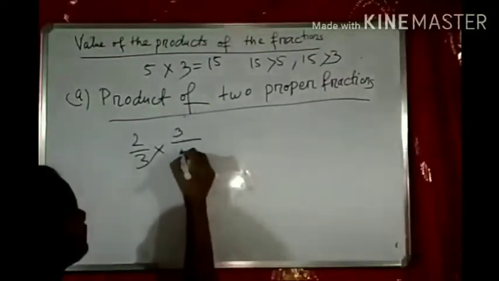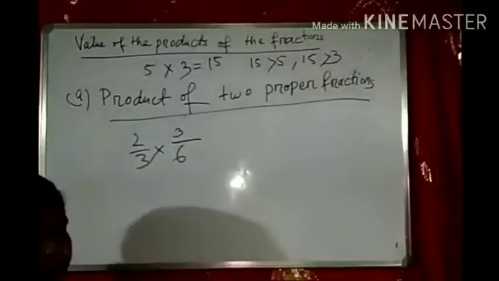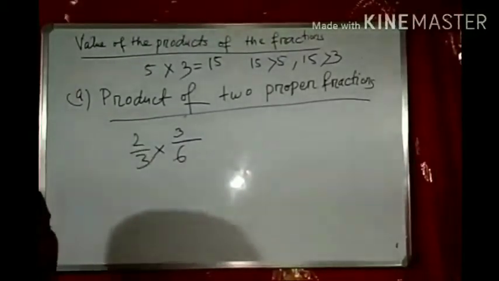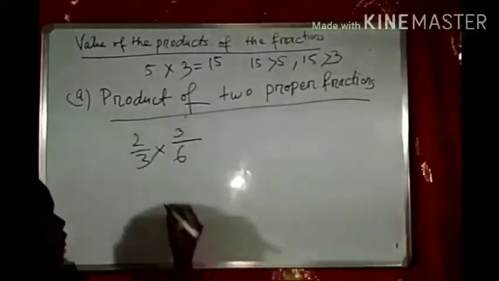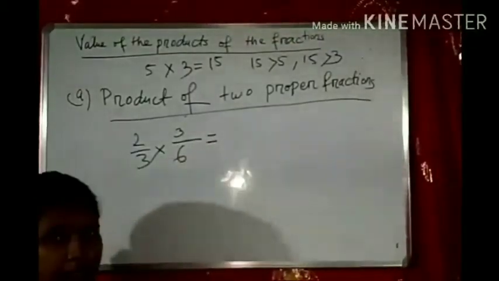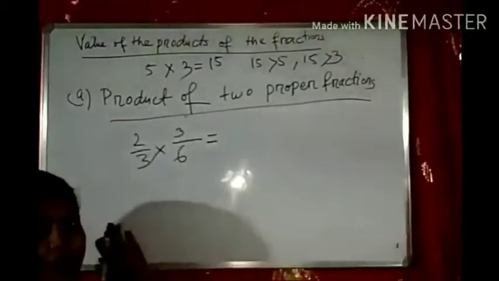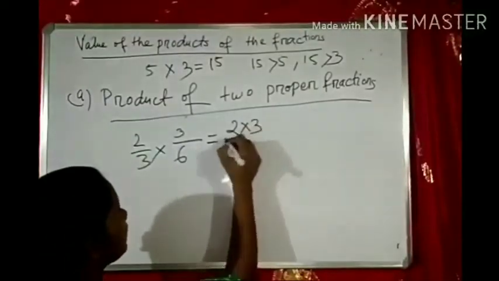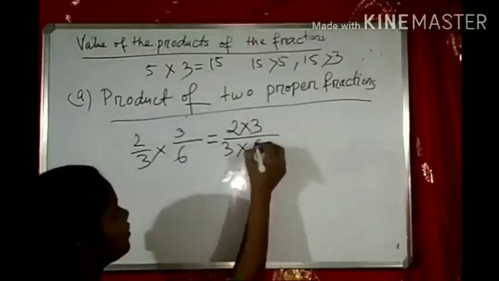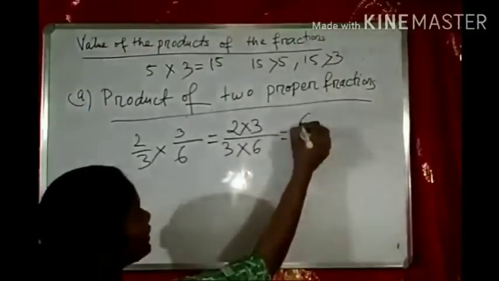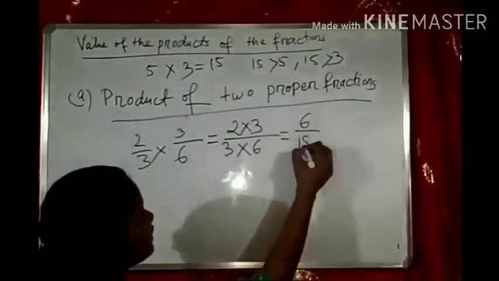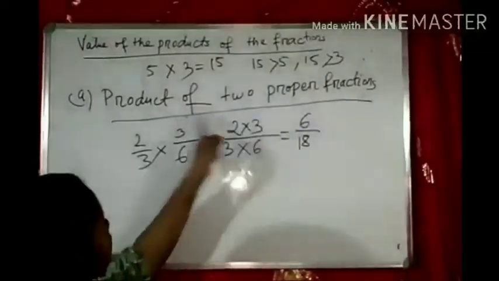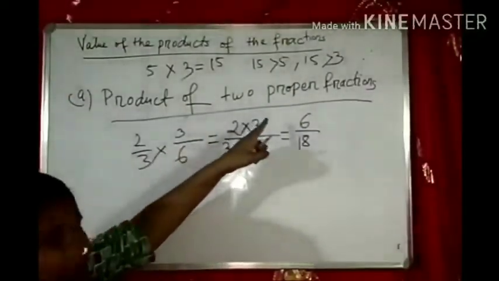3 by 6. So 2 by 3 is also a proper fraction, 3 by 6 is also a proper fraction. So we'll multiply numerator into numerator, denominator into denominator. So 2 into 3 by 3 into 6. 2 3s are 6, 3 6s are 18. Let's see what I have told.